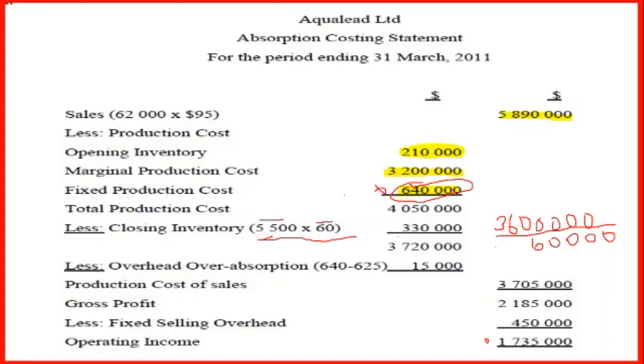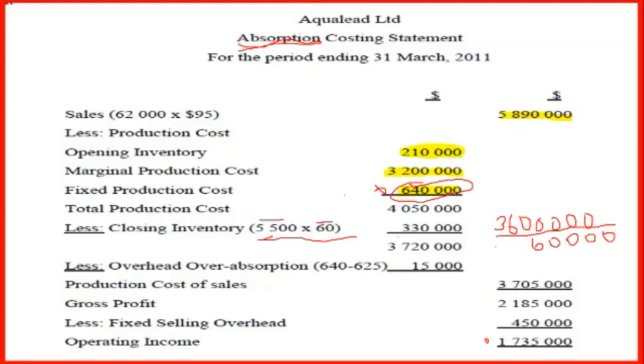So the absorption cost in here is using the total cost divided by the number of units to get the POHR, and then you multiply that by the closing inventory, you would get your figure for here.